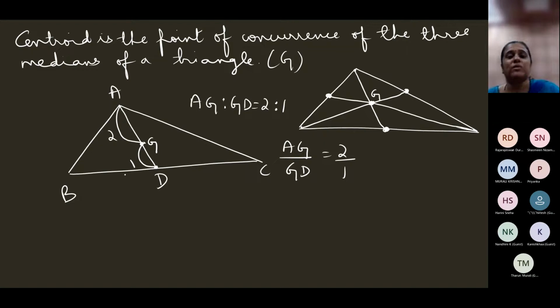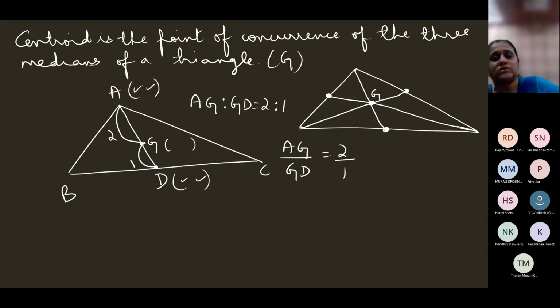Here you can use a section formula because you have a line segment AD, and you definitely have the coordinates of A and D. The ratio is 2:1, so you can find the coordinates of the centroid using the section formula. Supposing you know the coordinates of A and D but not of B and C, then you cannot use the formula x1 plus x2 plus x3 by 3, y1 plus y2 plus y3 by 3.